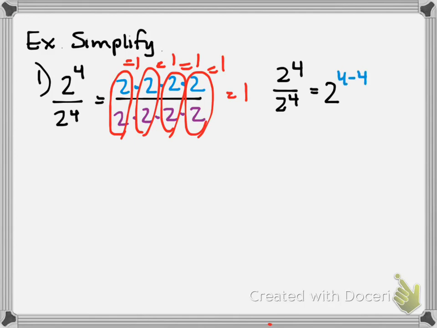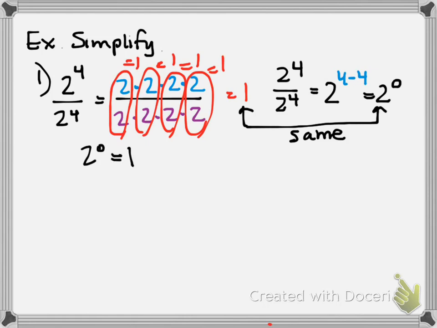And I get 2 to the 0 power. These two answers mean exactly the same thing. So I end up getting 2 to the 0, which is what I got when I subtracted, gave me 1, which is what I got when I expanded. They mean the same thing.